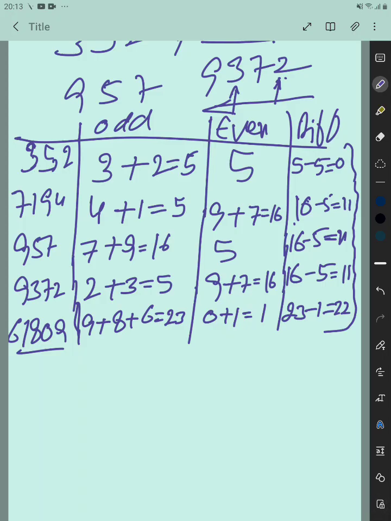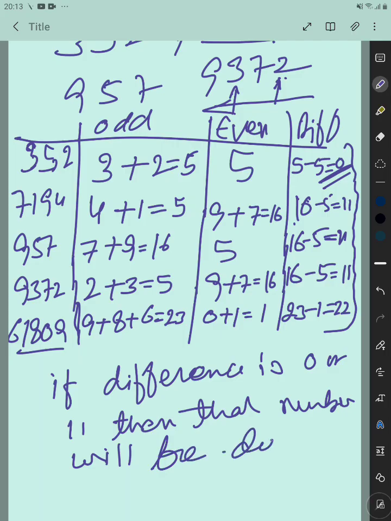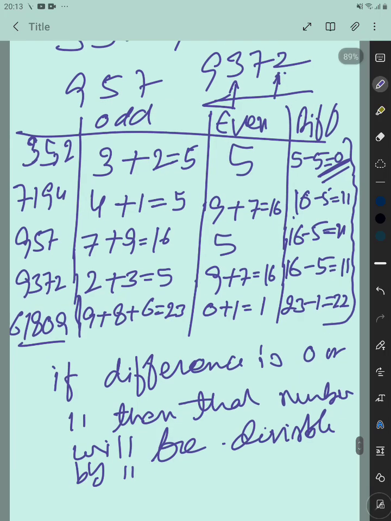This is the divisibility rule for 11. Zero is also there, so you can say that if the difference is 0 or a multiple of 11, then that number will be divisible by 11.